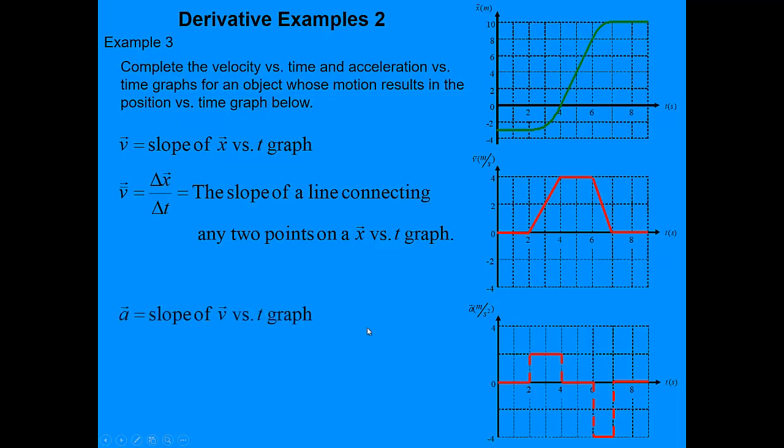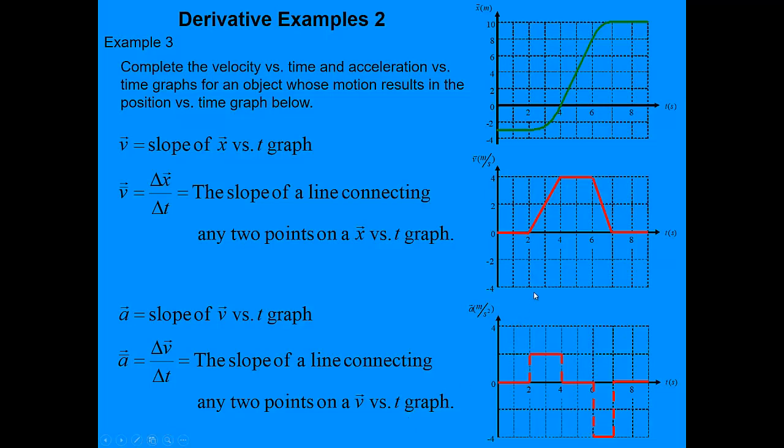Likewise, we could do a similar thing with acceleration. Acceleration is the slope of the velocity time graph. Well, the average acceleration, notice the extra line, change in velocity over change in time, is the slope of a line connecting any 2 points on a velocity time graph. Now this one kind of gets interesting.